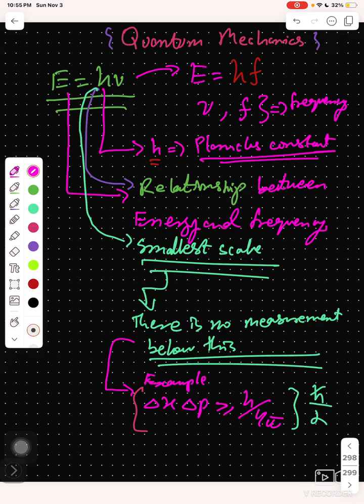The value for Planck's constant is h equals 6.63 times 10 to the power minus 34 joule seconds.